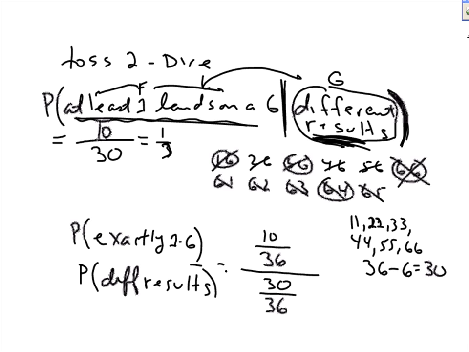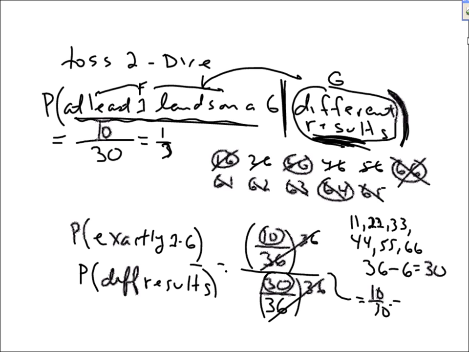Okay, now, if I multiply this number by 36, that cancels out. If I multiply the top by 36, I have to do the same to the bottom. That cancels out. And what I get is 10 divided by 30, which is 1/3. So I got the same answer as before using the formula.